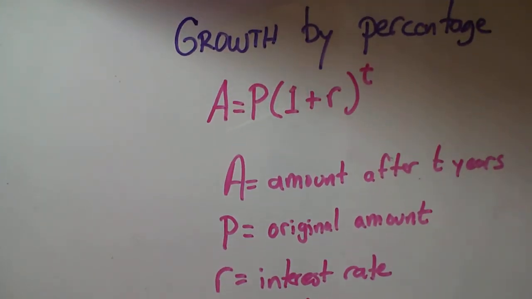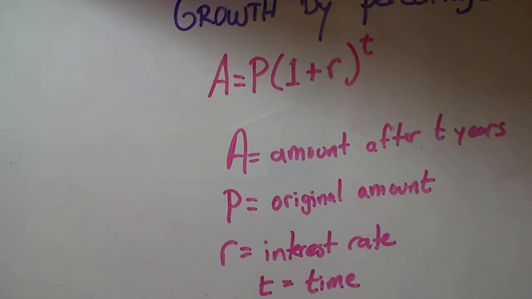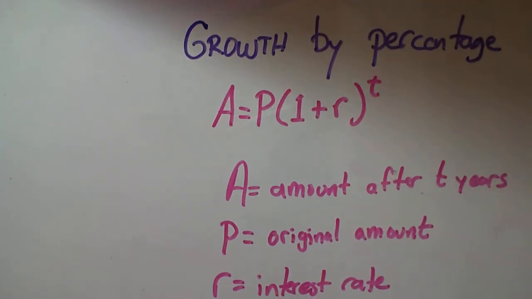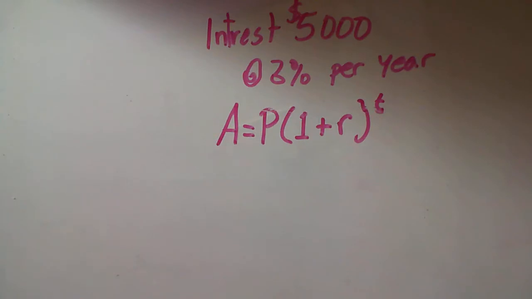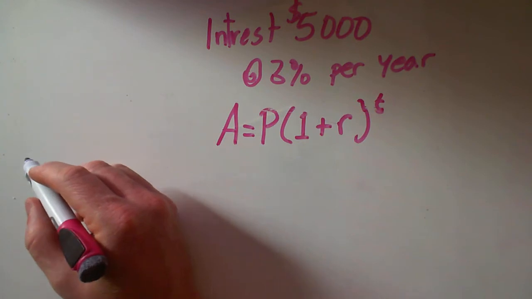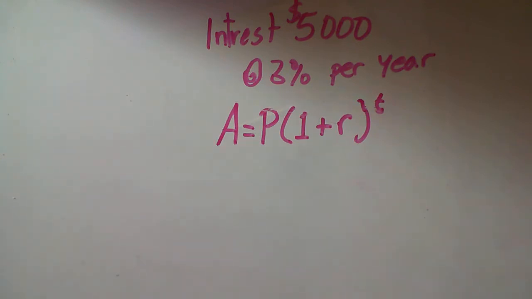So, using basic growth by percentage, let's say we invested $5,000 at 3% per year. If we invest $5,000 at a rate of 3% per year, then the amount that we have after, say, 5 years is going to be calculated, right?